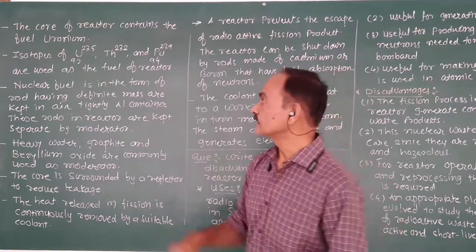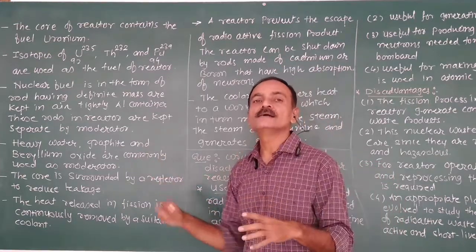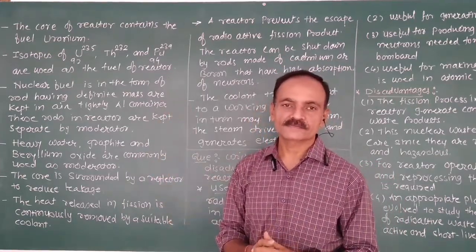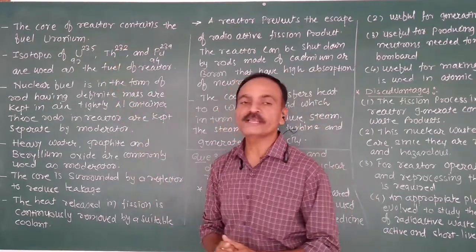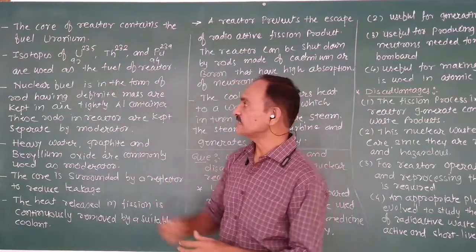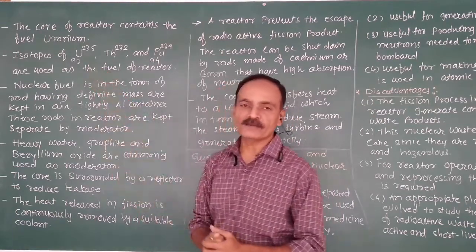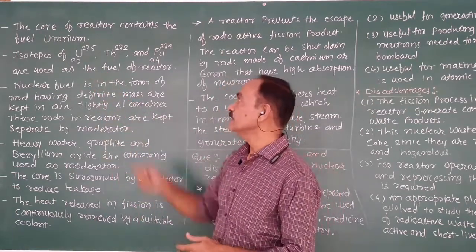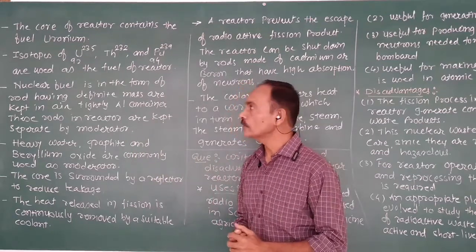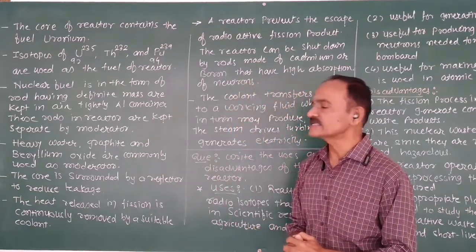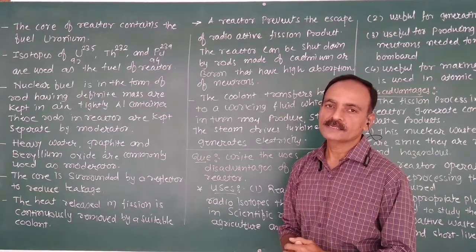Inside the core, the nuclear material or the fuel material is used. As a fuel material, the isotopes of uranium-92-235, thorium-232 and plutonium-94-239 are used.